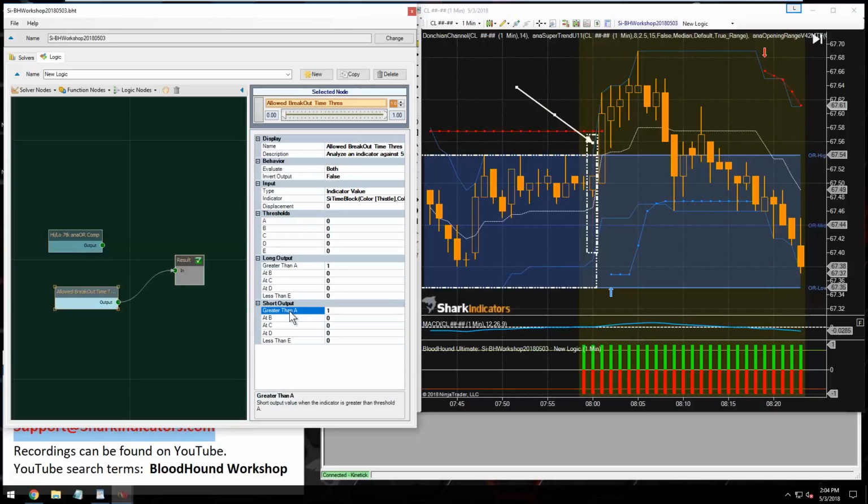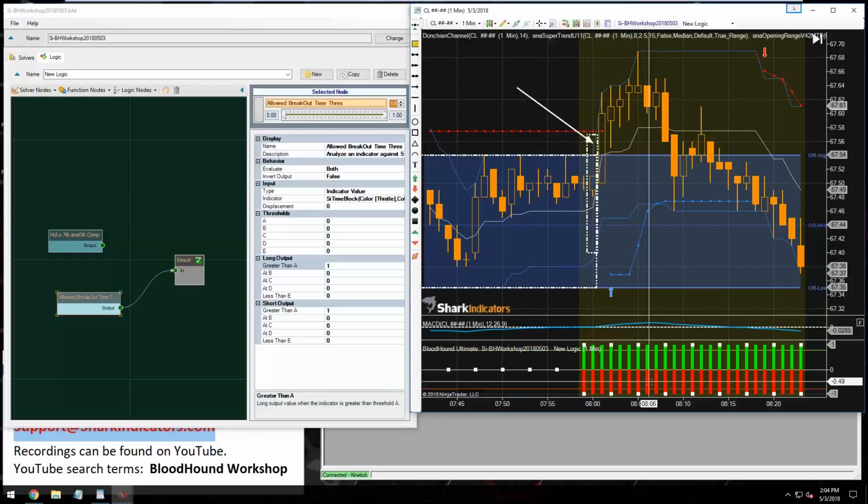But the reason we're doing that is because we need a long and a short output, because we're identifying a period of time. We're not identifying a trade direction. This is just telling us the period of time between 7:59 and 10 a.m. So this is a time period. It's not a trade direction. That's why we want a long and a short at the same time, because we're just marking a time.